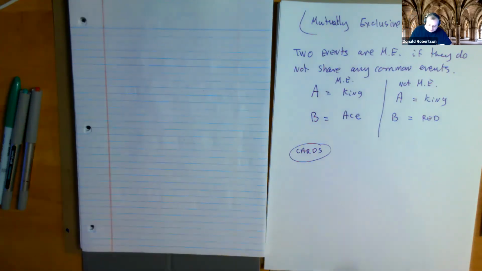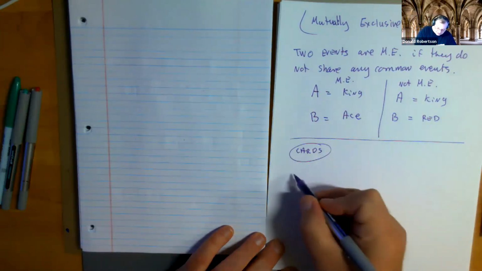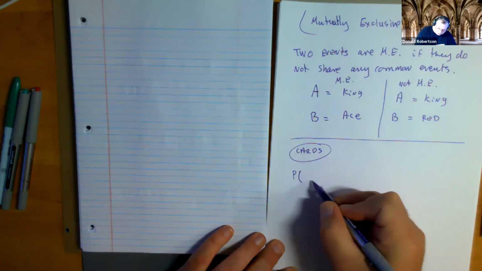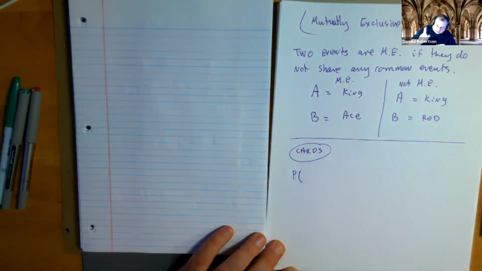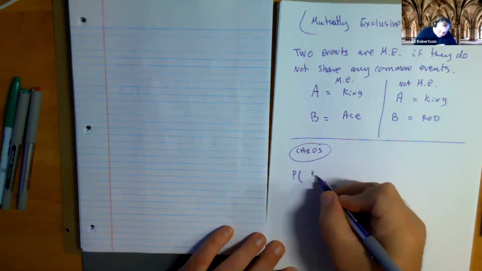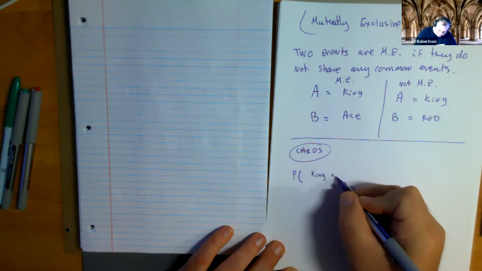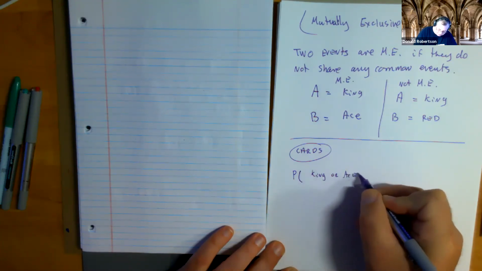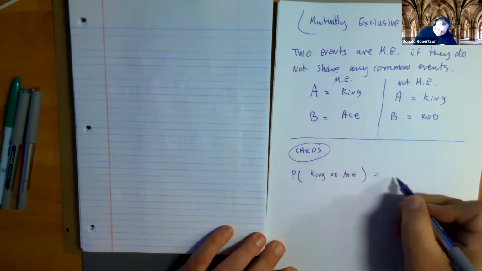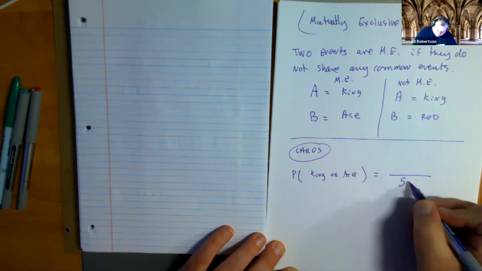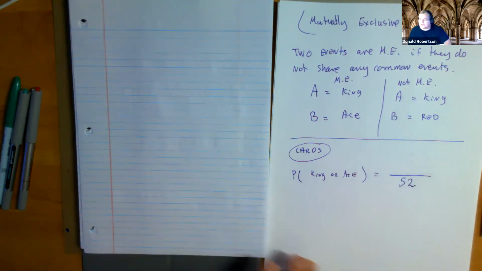Now, how can that affect probabilities? Suppose I asked you, what's the probability you check one card and you get a king or an ace? Well, there are 52 cards in a full deck. This is why you have to know what a deck of cards is. How many kings are there in a typical deck? 4.